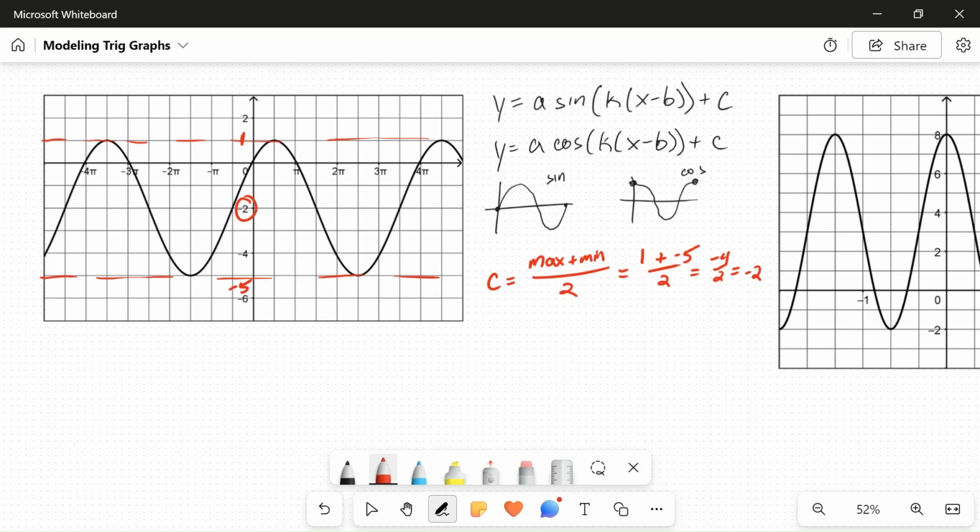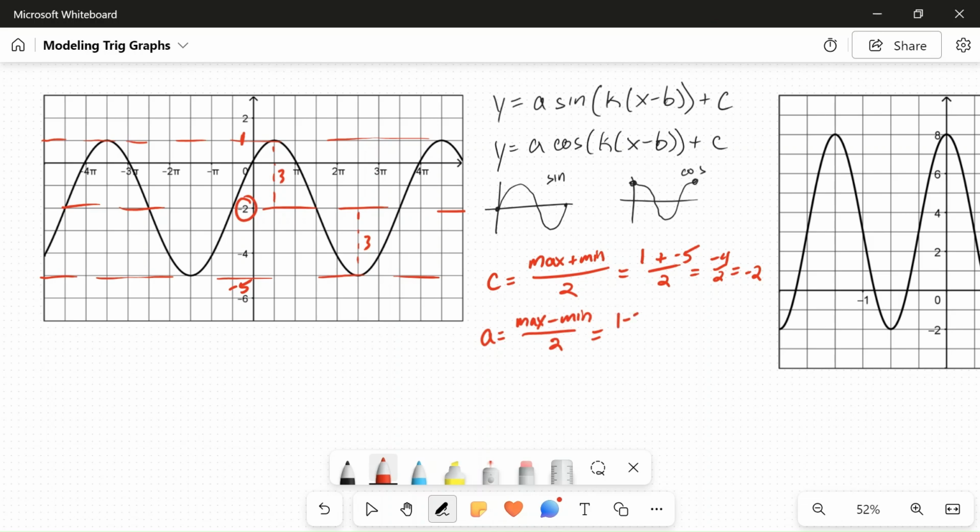To figure out the amplitude, once you know where the middle of the graph is, the amplitude is just the distance from the middle up to the top or from the middle down to the bottom, which, again, visually we can just look at the graph and tell that that distance is 3. But we can also figure out the amplitude using the formula max minus min over 2.